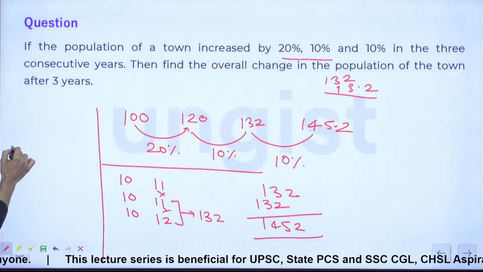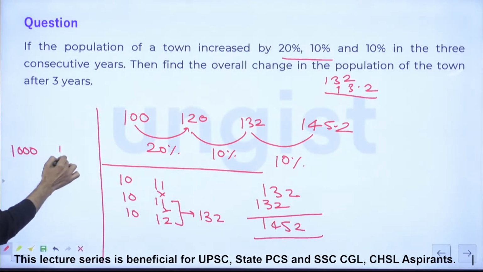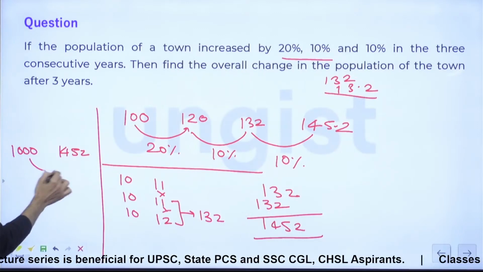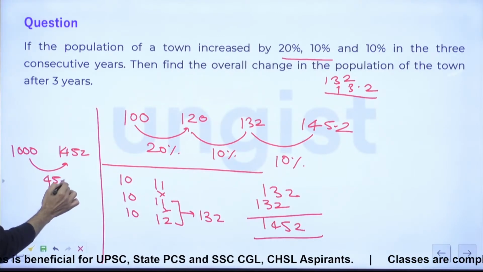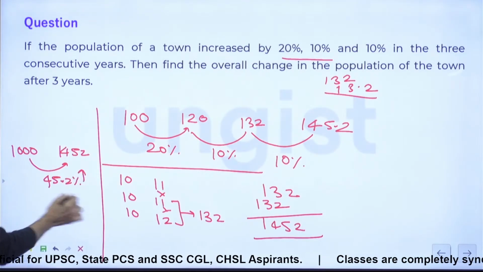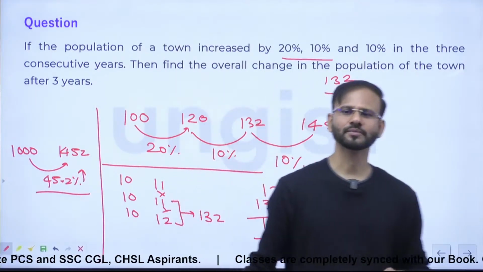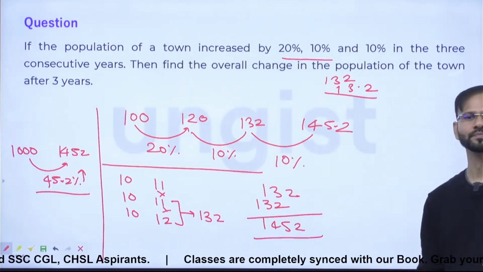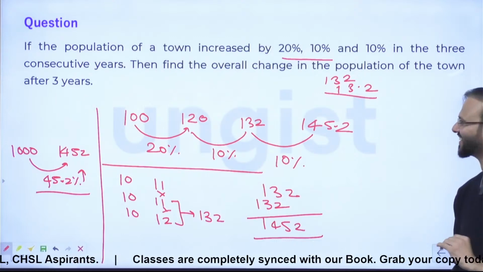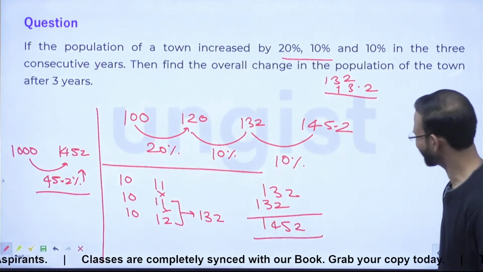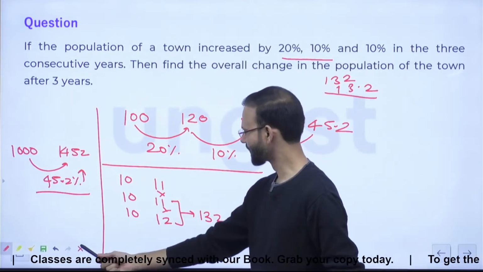So guys, the initial was 1000 and the final was 1452. So the increment was 45.2%, guys. यही है ना? This we have discussed or not? याद आ गया आपको? Right? Okay. ठीक है. हटाऊं इसे?